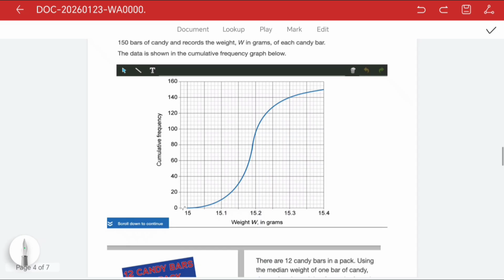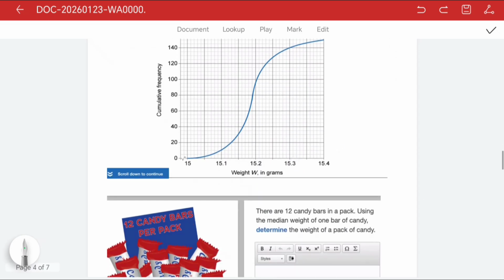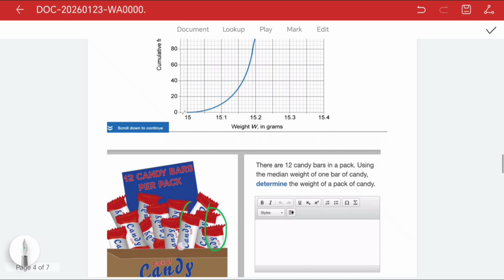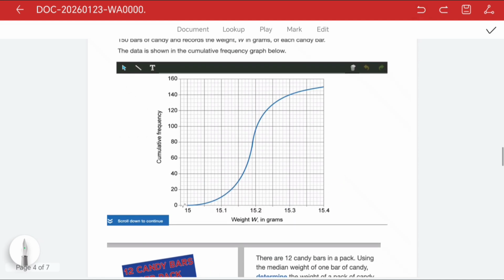Then there are 12 candy bars in the pack. So how many candy bars are there? 12. Using the median weight for 1 bar of the candy. If there are 12 bars inside, they are saying the weight of 1 bar is the median of the given data. We can find the median from the graph.